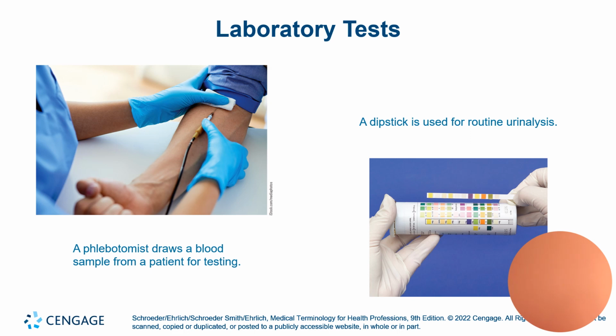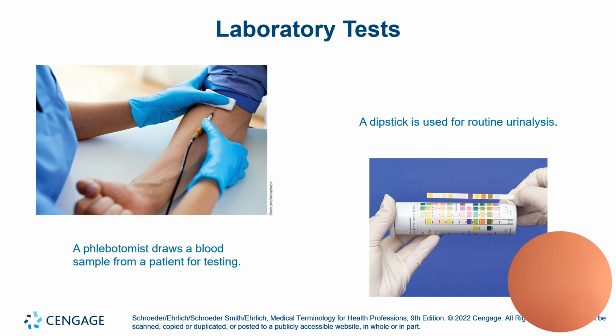A blood urea nitrogen test, or BUN, will measure the amount of nitrogen in the blood due to the waste product urea. We do cross-match tests to determine the compatibility of donor blood and recipient blood before a blood transfusion is done. A C-reactive protein test, or CRP, is another blood test that can identify high levels of inflammation within the body.